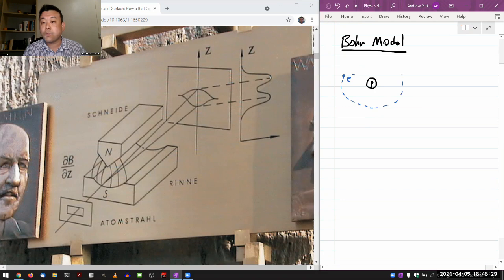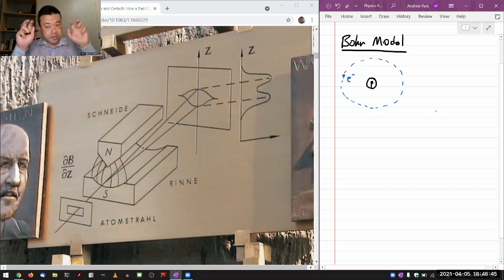And the way it is stable, unlike the classical prediction, which would have predicted that this is going to spiral into the nucleus as the electron emits electromagnetic radiation. That's the classical prediction.